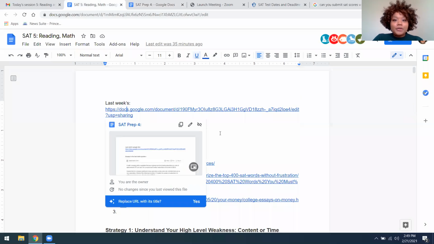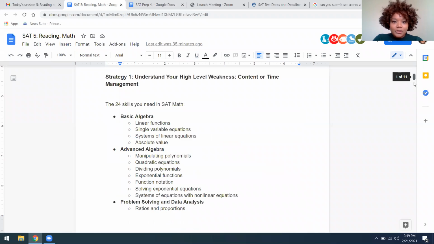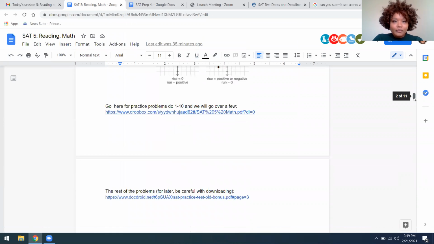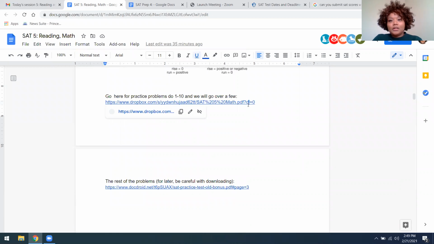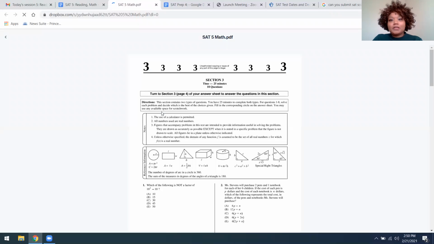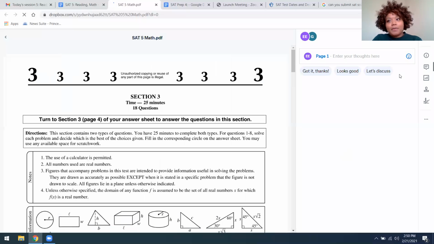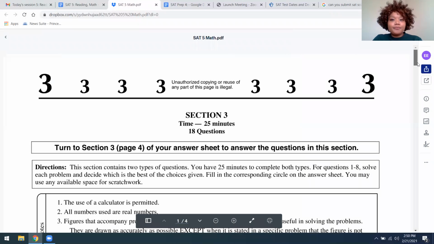The math today, I've taken from an older book. Please make sure you are able to open this. It's in Dropbox. I haven't used Dropbox much, but you should be able to open it without an account.